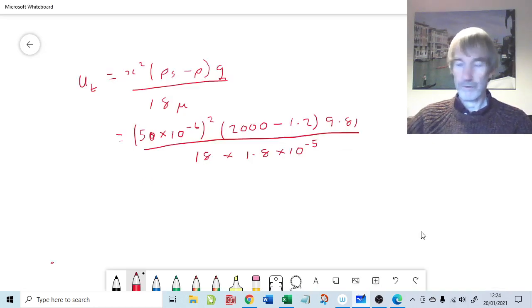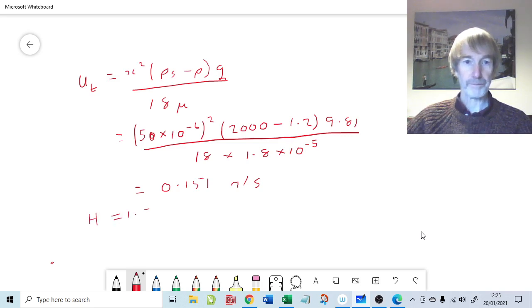Vertically we have a velocity of 0.151 metres per second, if we accept the use of Stokes' equation there. The total height is 1.5 metres, and we need to break that up into the number of channels.